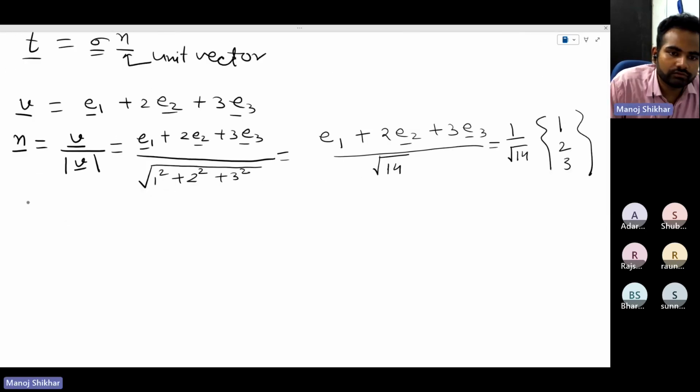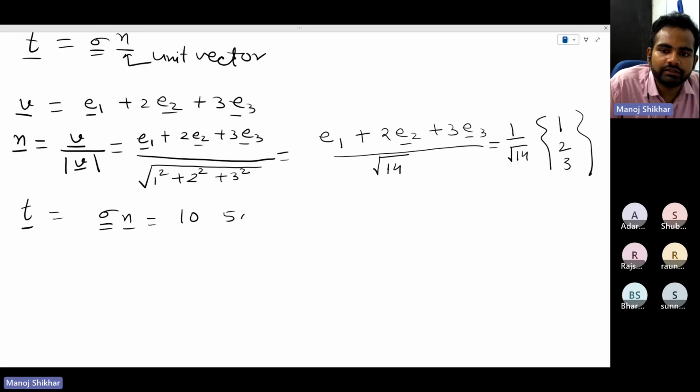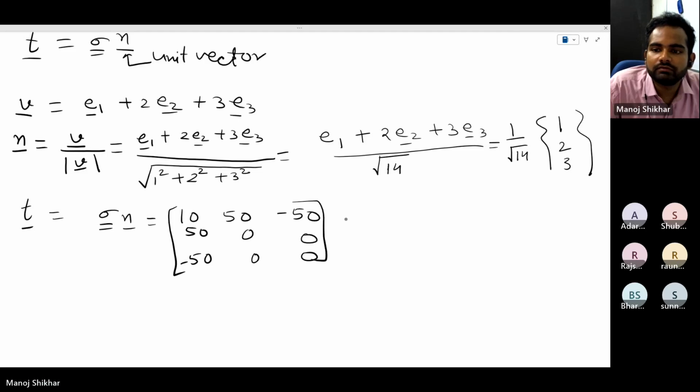So T is what? Sigma into n. So what is sigma? 10, 50, minus 50, 0, 0, 0, 0, 50, minus 50, into 1, 2, 3, into 1 by square root of 14.